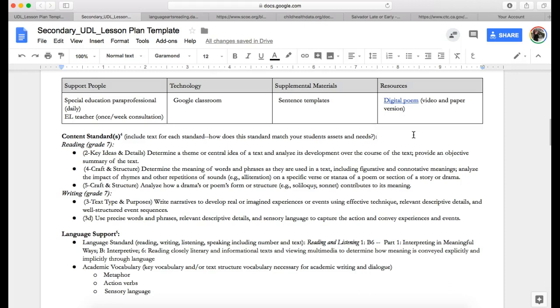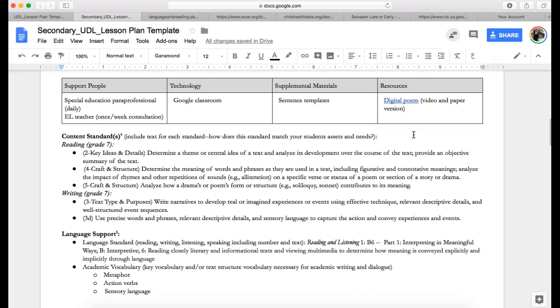So let's take a look at the standards that are going to be addressed. These are 7th grade standards from Common Core. We pulled 3 standards from reading and 2 from writing. We're going to be taking a look at the theme or central idea from a text and analyzing how it's developed over the course of the text.